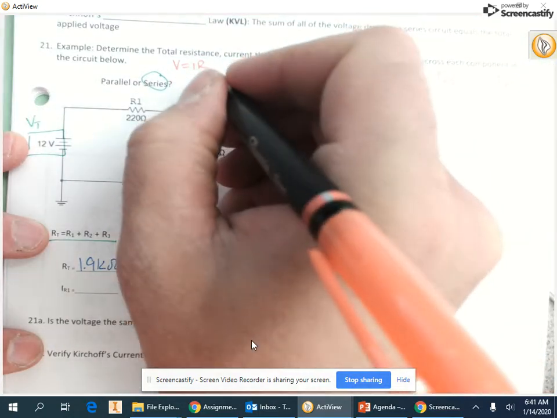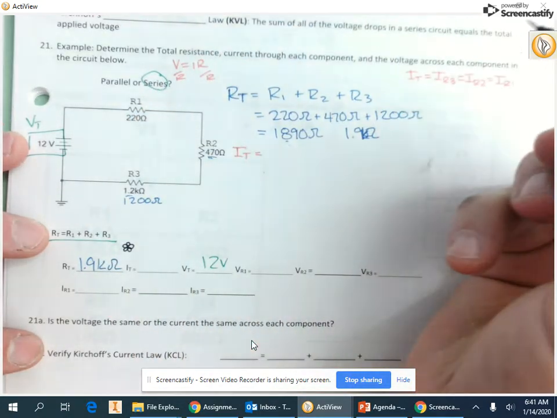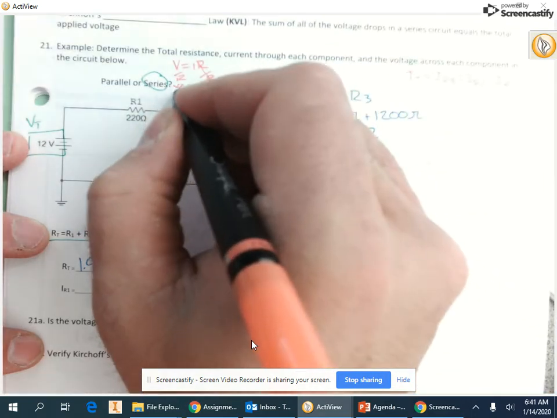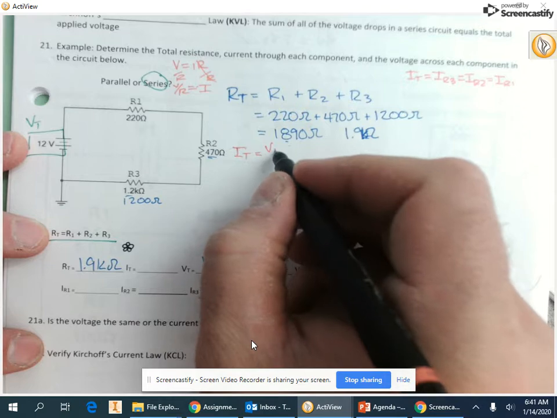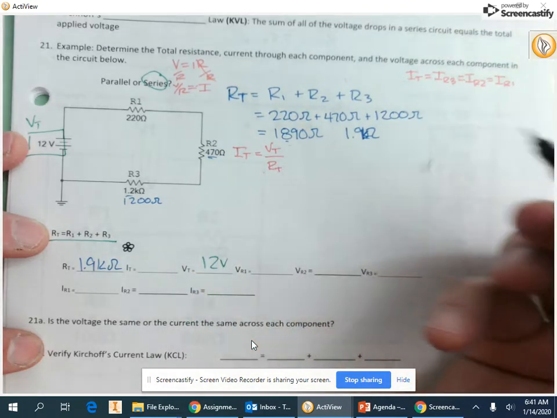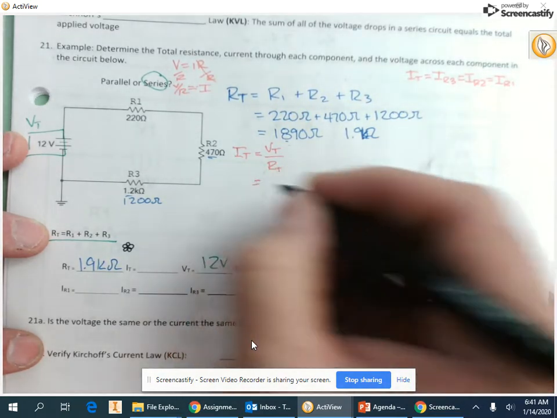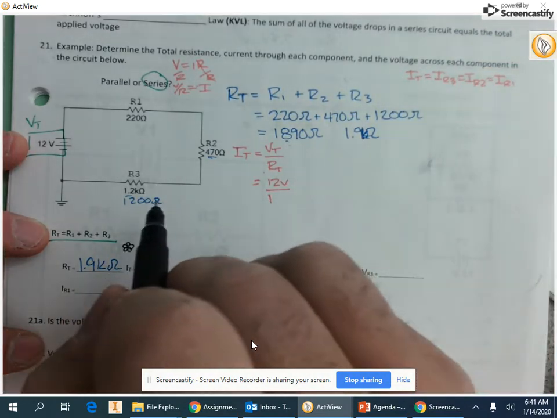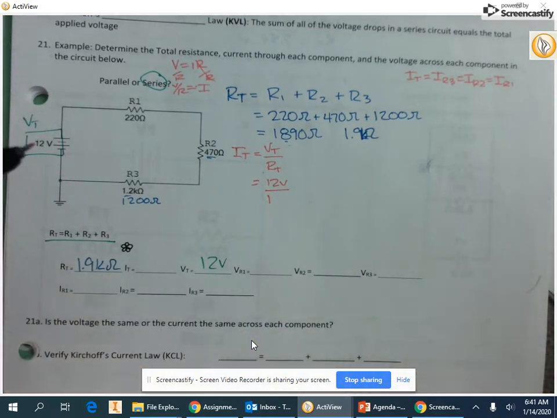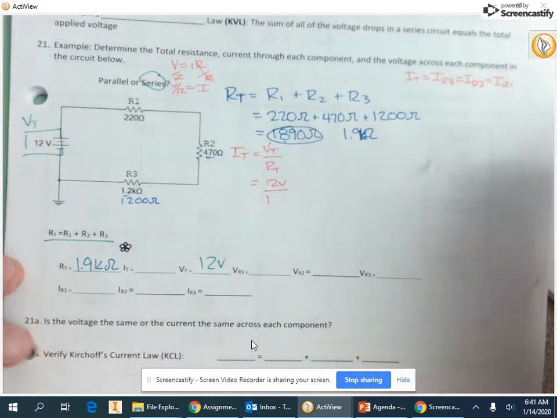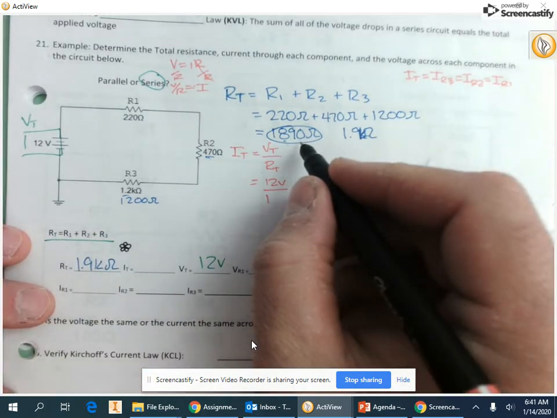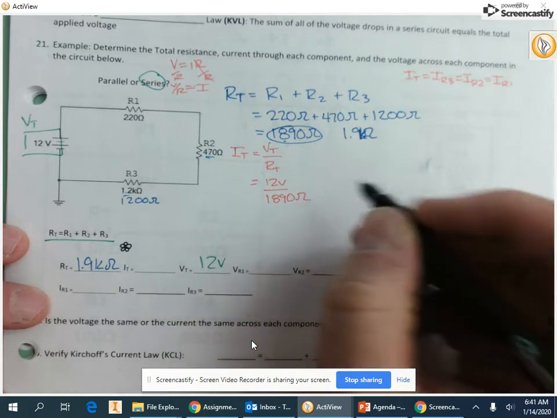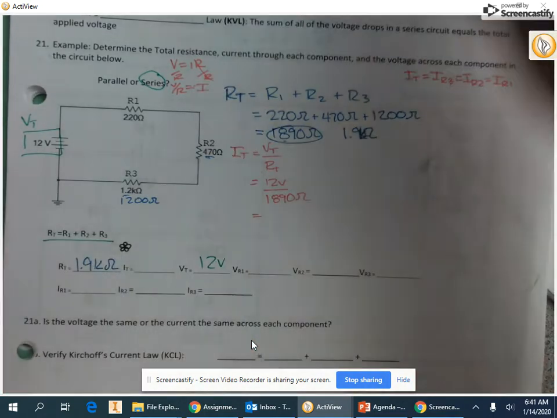If I solve it for I, I divide both sides by R, those cancel out, and I is equal to V divided by R. So IT will be VT divided by RT, which in this case is 12 volts divided by, now I can't use the sig figs answer, I have to use the full answer, 1890 ohms. I can't use a rounded value.